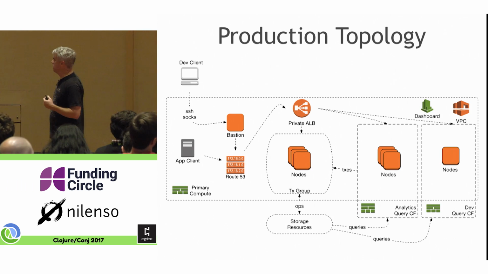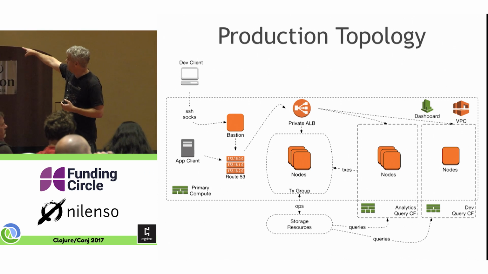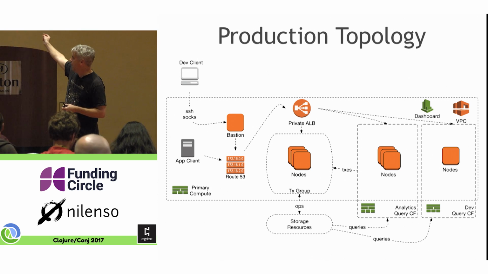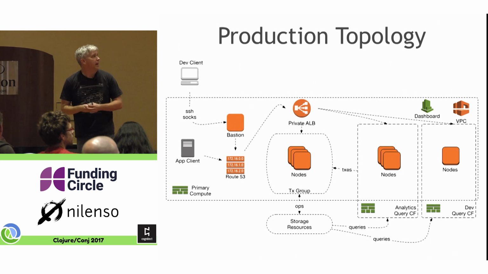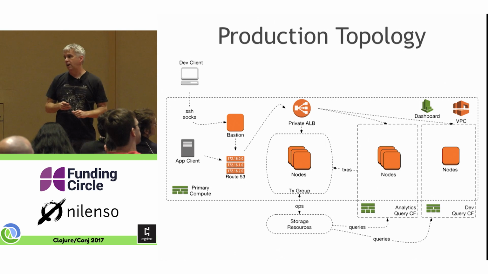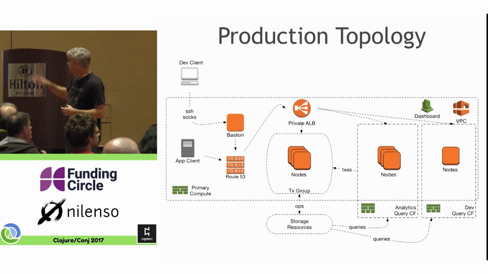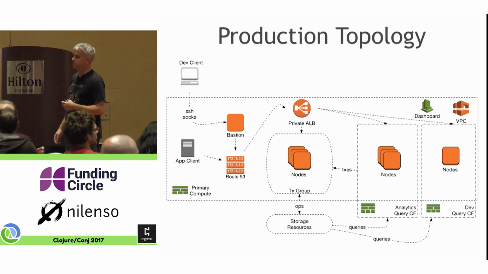And there's a picture of the production topology. You'll see that it looks a lot like the solo topology, except that now there's a load balancer in front of multiple nodes in a primary group, and then there are as many additional query groups as you want. And so here I'm showing the typical use case we think of internally when we're building this, which is the transactional load goes to the primary group.